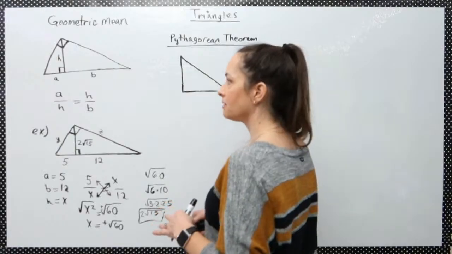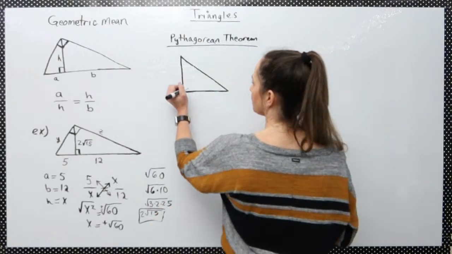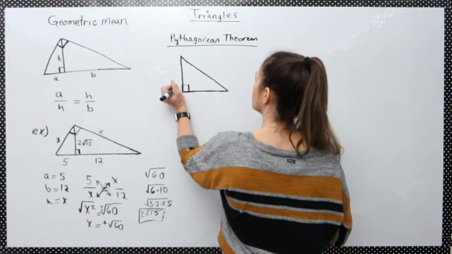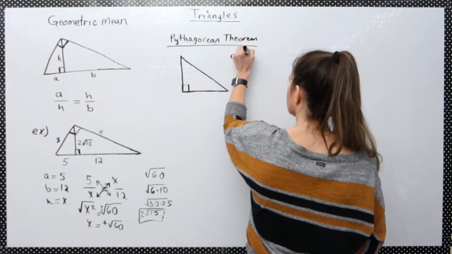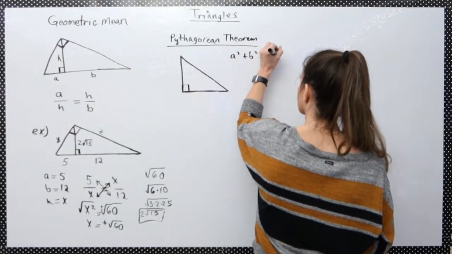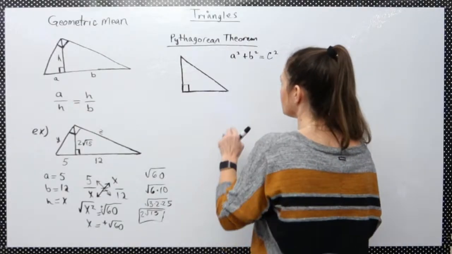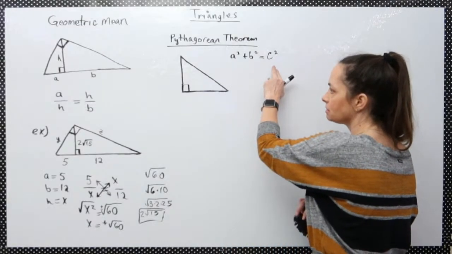He had followers. Anyway, for right triangles, you have a squared plus b squared equals c squared. And a and b are the legs, and c is the hypotenuse.